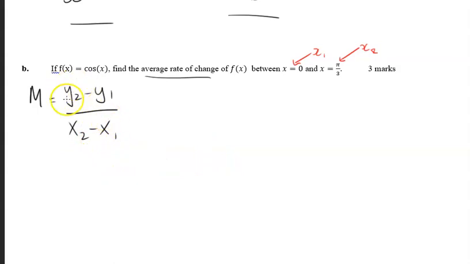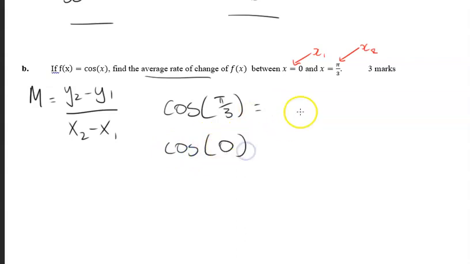So we've already got our x2 and x1 that we can put into a formula, but then we also have to find out the respective y2 and y1 values. And y has been attached to this f of x, which is cos of x. So in other words, we need to first find cos of pi on 3, and also cos of 0, because then this will give us our y2 and our y1 respectively.